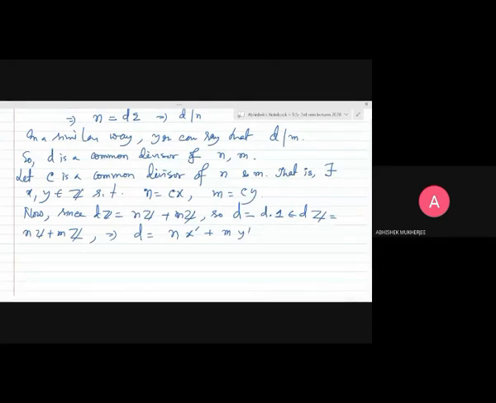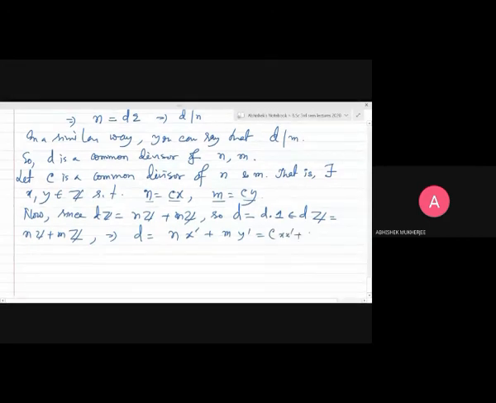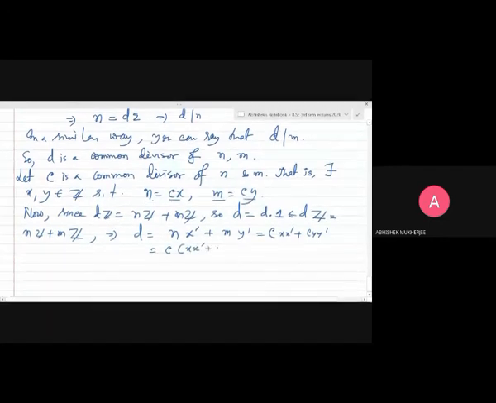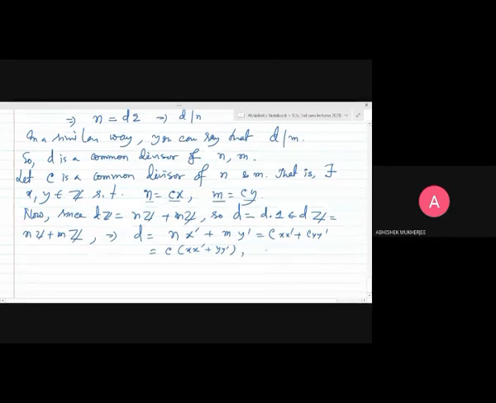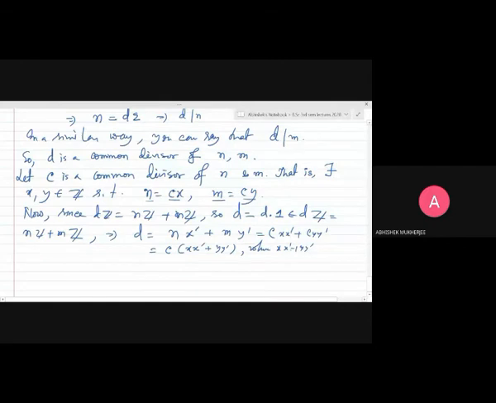But here you have proved that n is actually cx, m is actually cy. So just put these facts here. So you will get cx x dashed plus cy y dashed. That means, taking c out, c into x dashed plus y dashed, where x dashed plus y dashed is an integer.